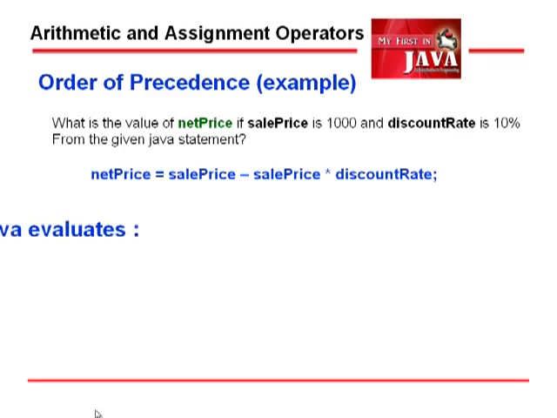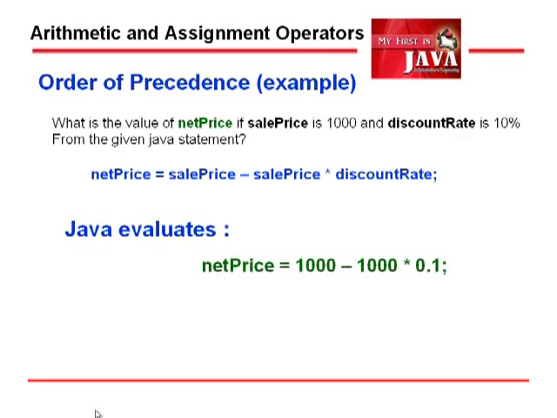So Java will evaluate net price is equal to 1,000 minus 1,000 multiplied by 0.1, which is for the 10%. The multiplication is evaluated first, which is 10% of 1,000 is 100, and then that's the time you're going to subtract 100 from 1,000. So our net price would be 900.